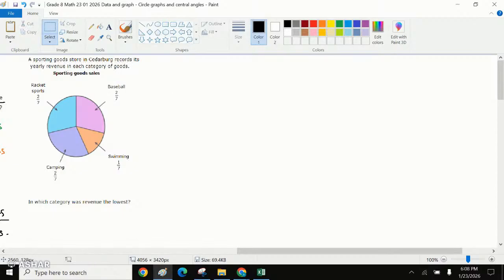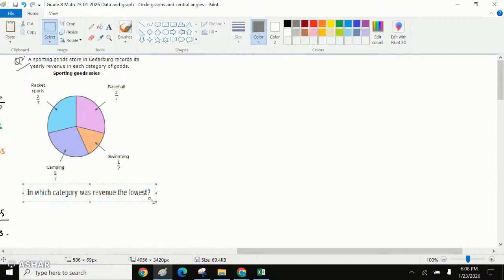Okay. If this is our question number 2, it says a sporting goods store in Cedarburg records its yearly revenue in each category of goods. They're selling racket sports 2 out of 7, baseball 2 out of 7, camping 2 out of 7, and swimming 1 out of 7, right? In which category the revenue was the lowest?